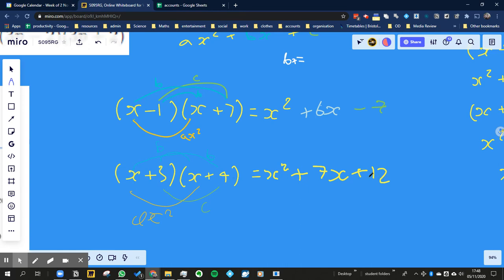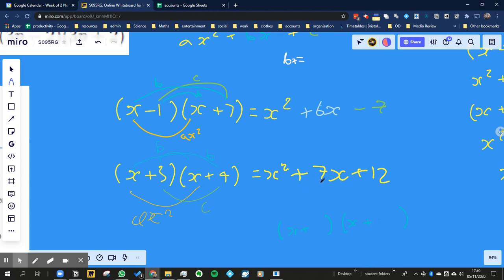So now when you think about it, the c, this number here, was always this number multiplied by that number. So if we were trying to go backwards, we were trying to get this to go into that. Let's say we didn't know that that's the answer there. We know that it's going to be x plus something multiplied by x plus something.